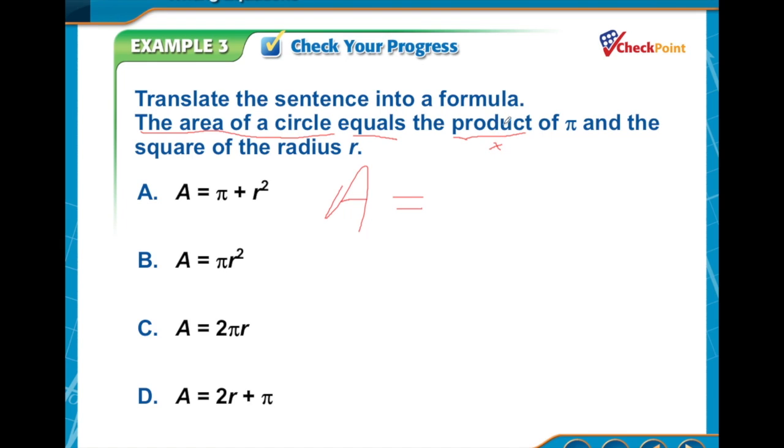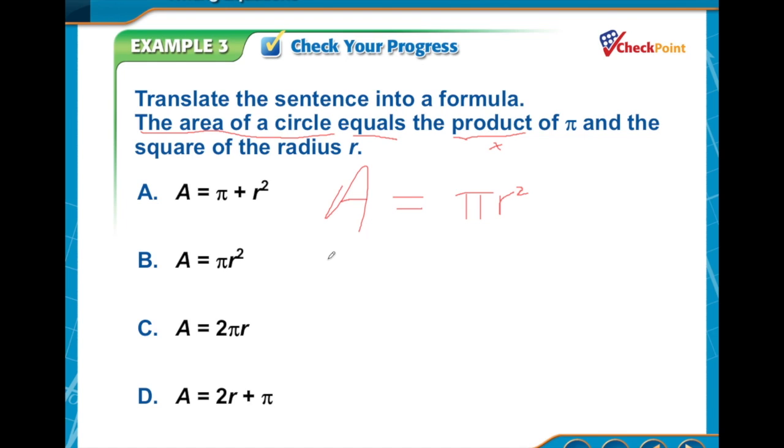It's a product of pi and the square of the radius. So in other words, I'm multiplying pi and the square of the radius. So that's radius to the power of 2. So pi times r to the power of 2.